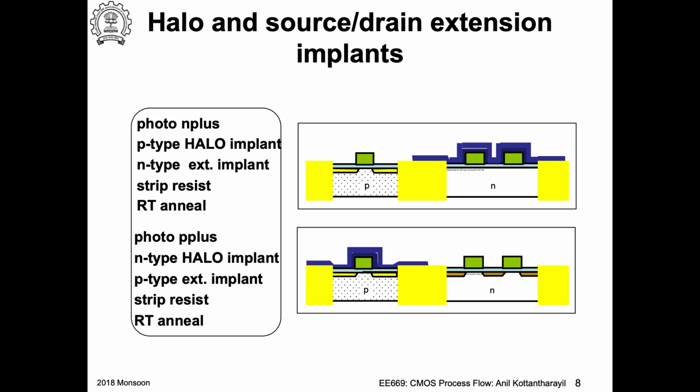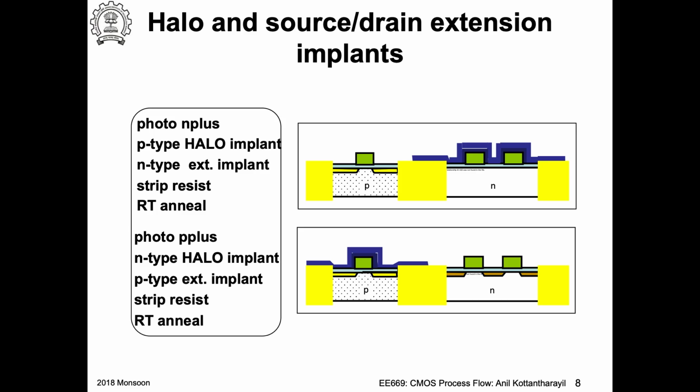The halo implant is carried out for controlling the short channel effects in very short gate length transistors. If I take the N channel transistor, that is a P well on the left hand side, so the channel region is supposed to be doped P-type.